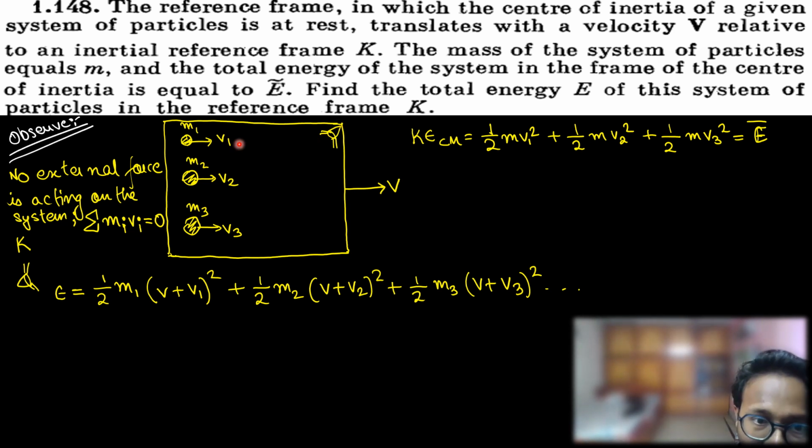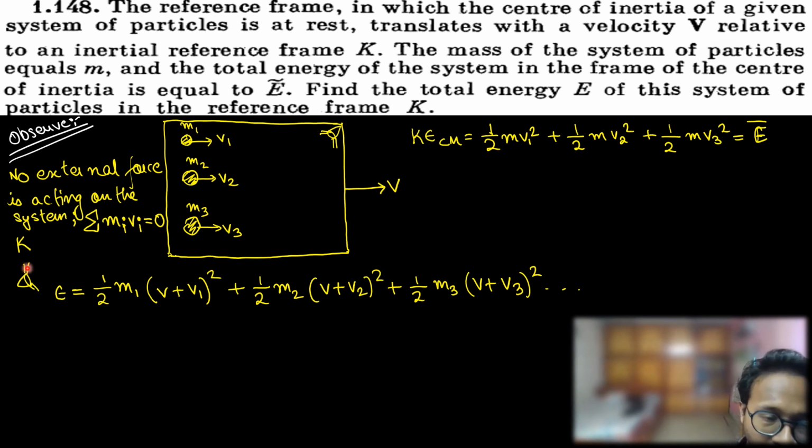That means for this observer the total momentum of all the particles, not change in momentum, is equal to 0 from the observer inside the CCTV. So m1 v1 plus m2 v2 plus m3 v3 is equal to 0, and these v1, v2, and v3 are seen by this observer. For an outside observer, that is either moving with velocity v in the backward direction, or I can move the box with velocity v in the forward direction.